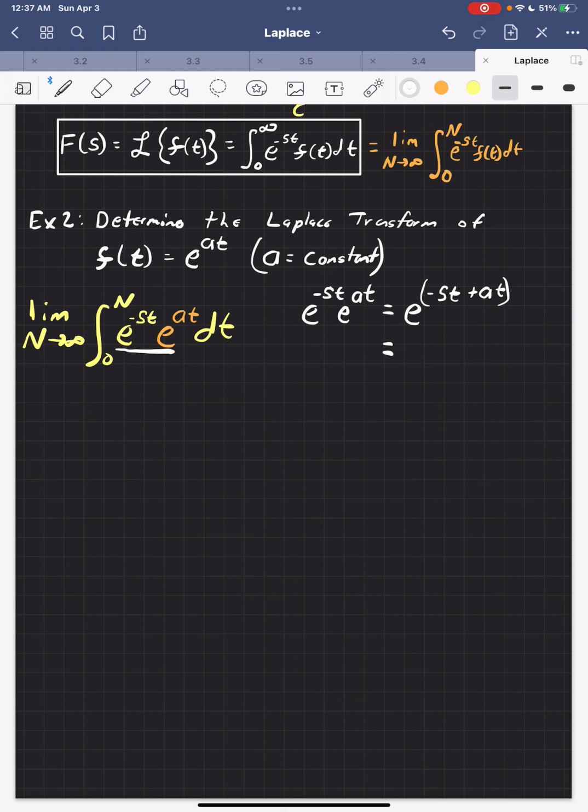So that's equal to e to the negative t, and that'll just leave me with s minus a. All right. So that little bit of work up front, and now that's going to be the integrand that we are going to be integrating with respect to t.